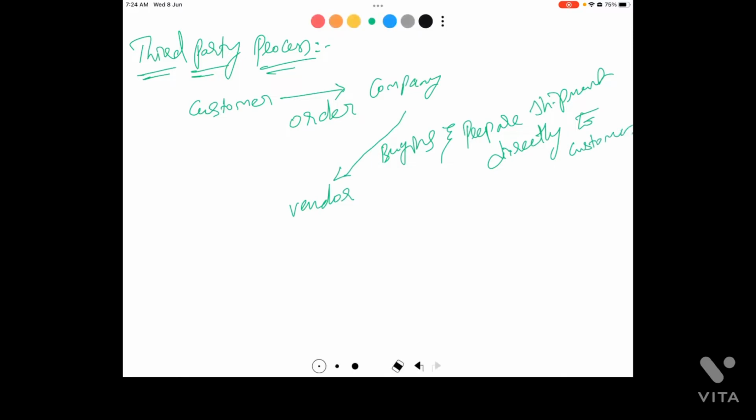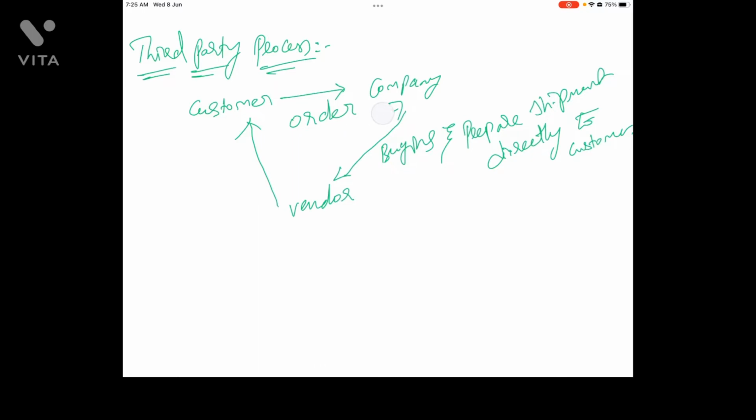So instead of the vendor sending the goods back to the company, the company requests that the vendor dispatch directly to the customer. In this case, the goods will move directly from vendor to customer.